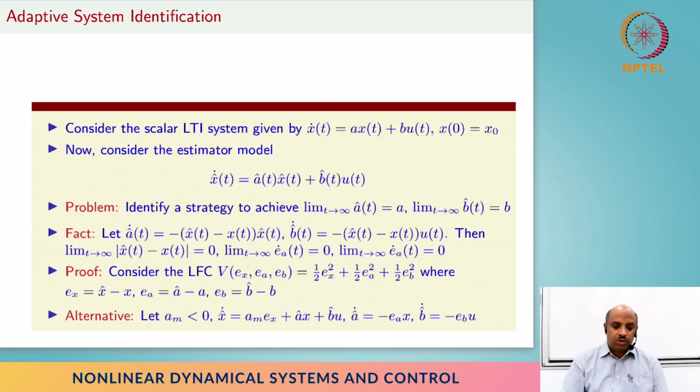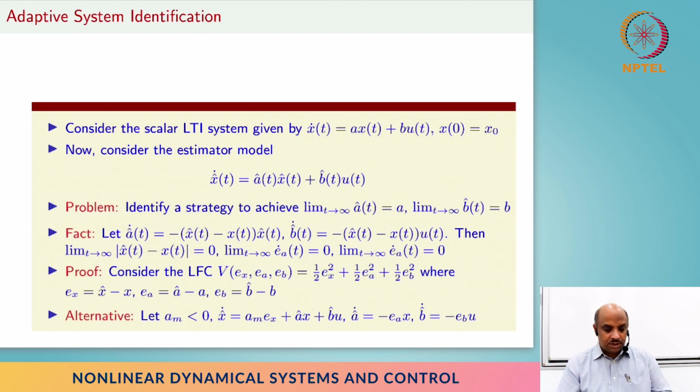So what we wanted to show was A hat going to A and B hat going to B and things like that, but we ended up only showing that X hat is going to imitate, to estimate X. So we started with the hope that we can actually estimate A and B through this technique, but we ended up only showing the estimation of X hat, which is most of the time good enough, right?